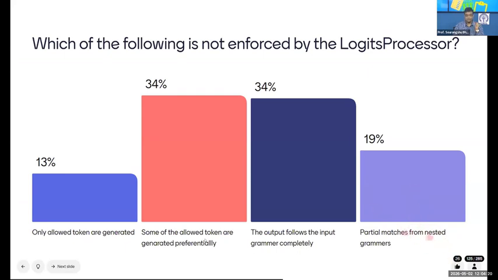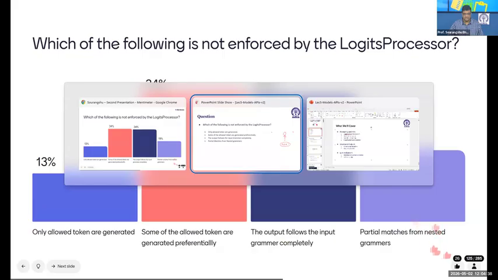Of course, can some of the tokens be allowed to generate preferentially? Actually, yes, and you can do two things. Let me just go to the slides now.